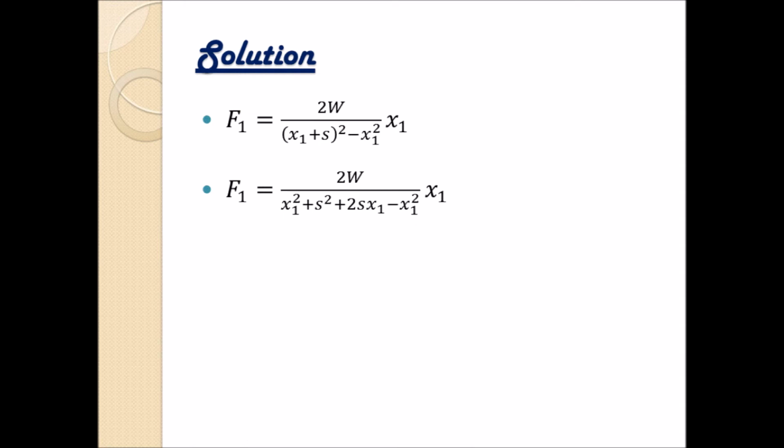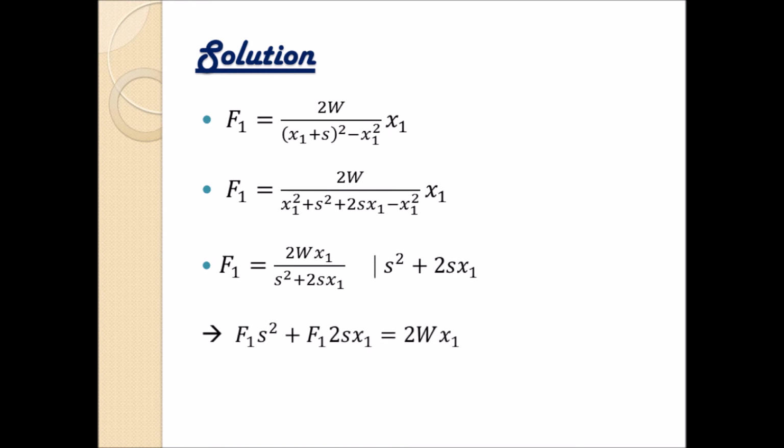And then we can see already that here we do have an additional term with x1 squared but a negative sign, which means that we can simplify our equation. And if we multiply our whole equation by s squared plus 2 times s times x1, we get a rather simple equation.